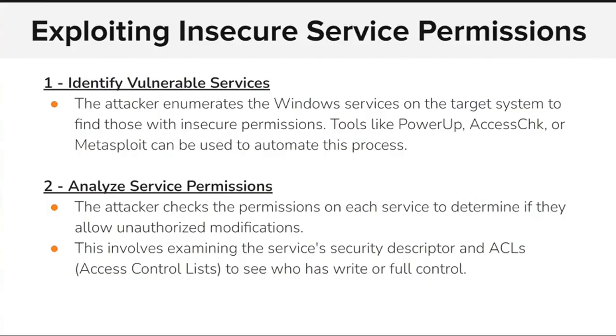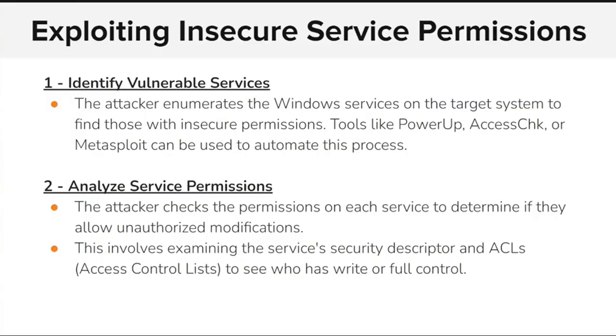Step two is analyzing the service permissions. This is very important. The attacker checks the permissions on each service to determine if they allow unauthorized modifications. This involves examining the service's security descriptor and ACLs, or access control list, to see who has write or full control.